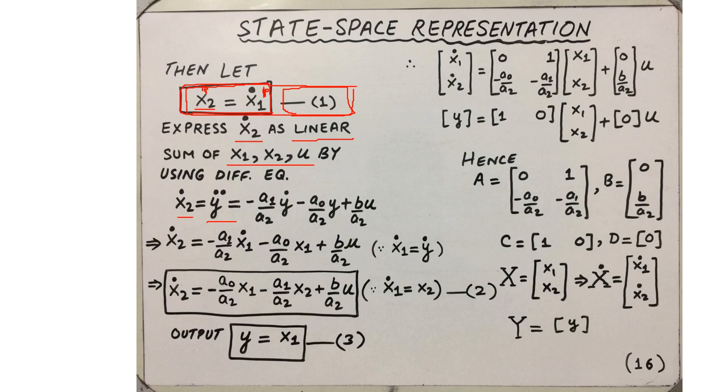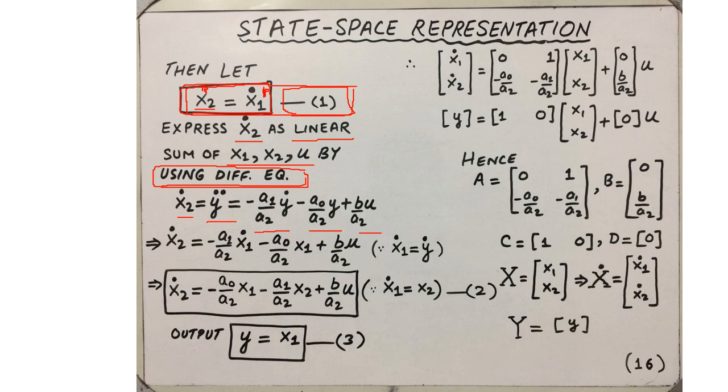Now we wish to express x2 dot not in terms of y double dot, rather in the form of a linear sum of the state variables. And this is where we make use of the original differential equation. The original differential equation says that y double dot is equal to minus a1 over a2 times y dot, minus a naught over a2 times y, plus b over a2 times u.